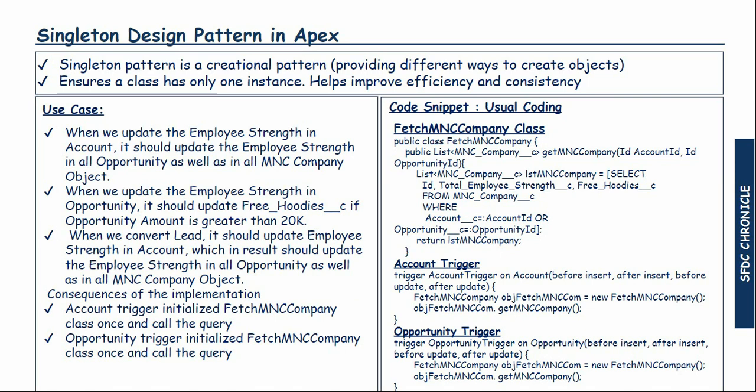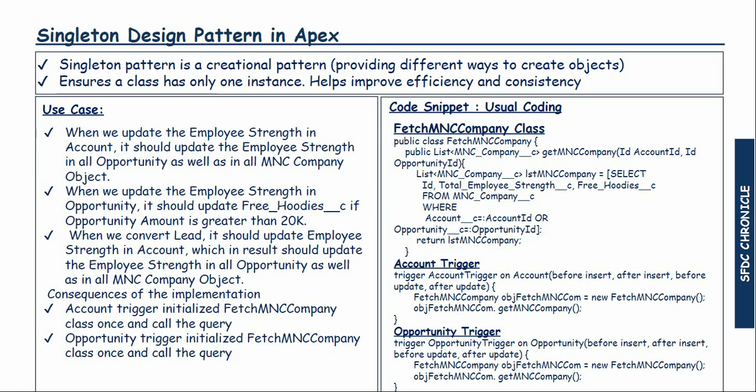Employee strength is also present on another object called MNC company, which has a lookup relationship with account. So whenever we update employee strength in account, it should update MNC company, and as opportunity also has the same field, it should update the opportunity field as well. So this is one use case.